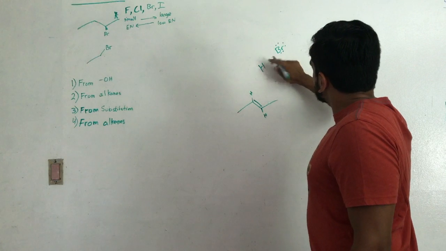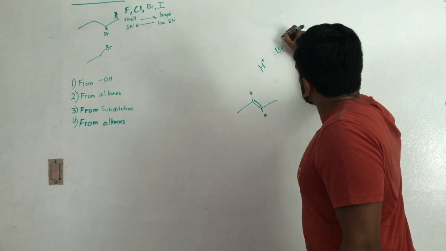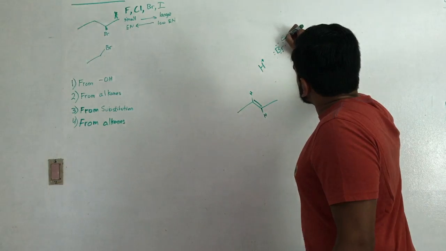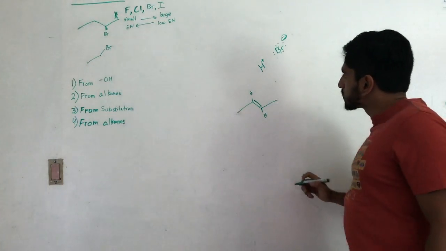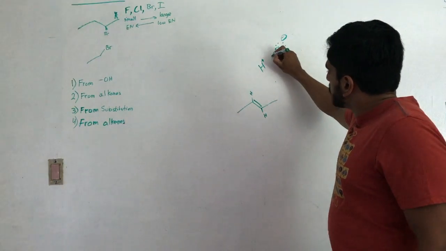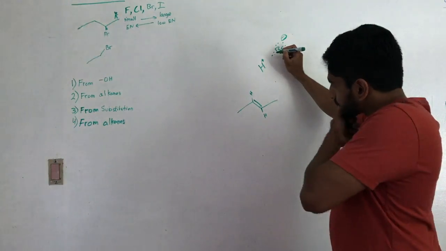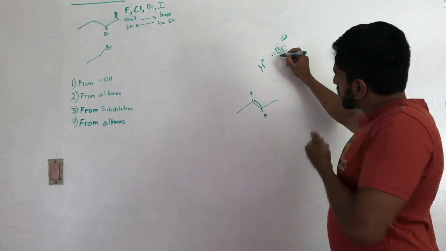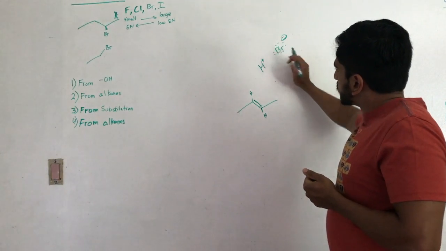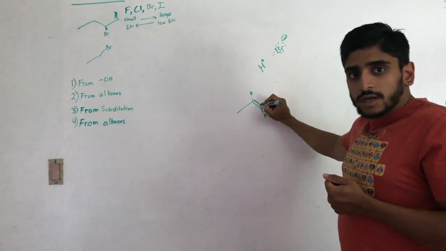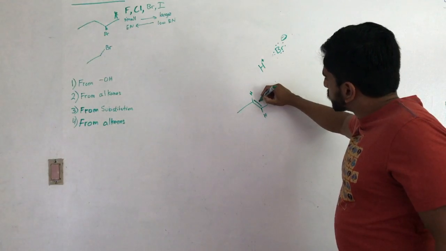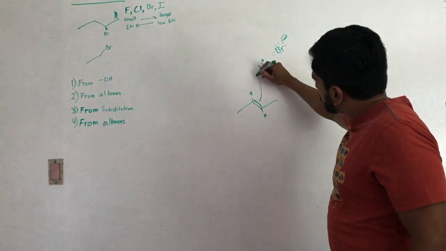And once again, I'm just going to write it as H plus, Br minus. So this Br minus, keep in mind that what happens with this is these electrons within the bond here are going to go and attract this hydrogen atom.